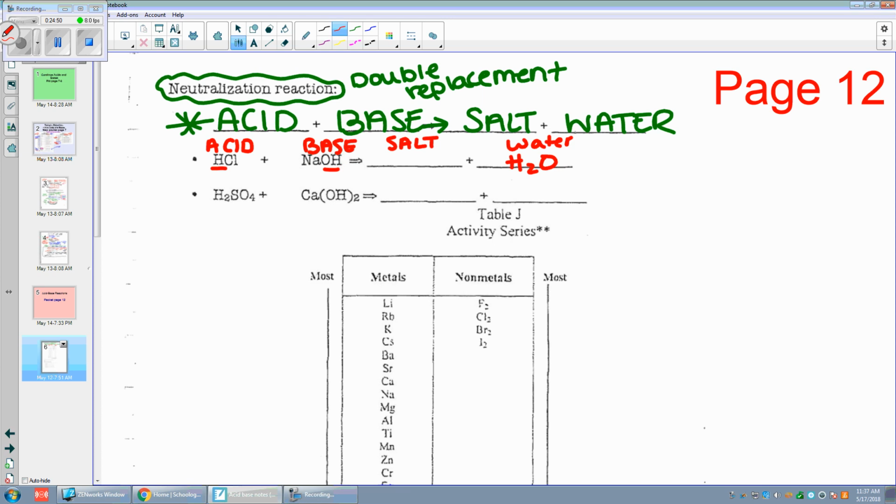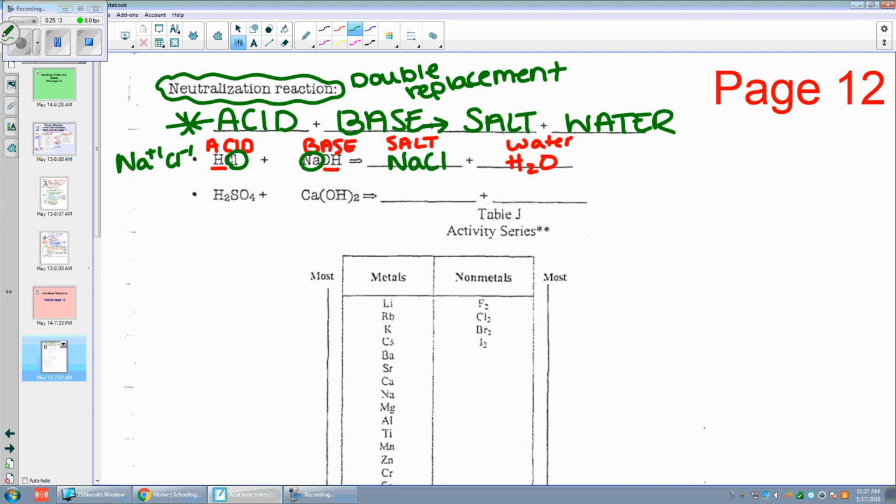Well, my H and my OH made my water, so my Na and my Cl must make my salt. So NaCl. Really, because Na is +1, Cl is -1, technically. And again, acid plus base give me salt and water. They tell me my acid or my base, I know what I'm going to form.